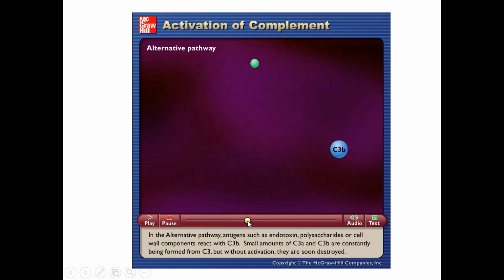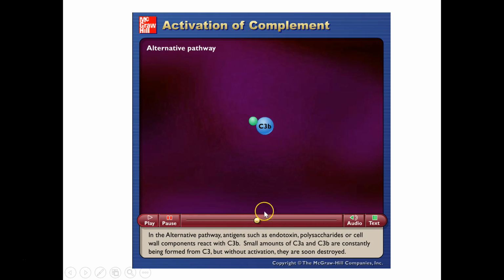Okay, now we get to the alternative pathway. And I wish they would have started out with a bacteria again. But say this is some foreign substance, this green thing here. They call it an endotoxin, right? Or a cell component. C3b binds to that.